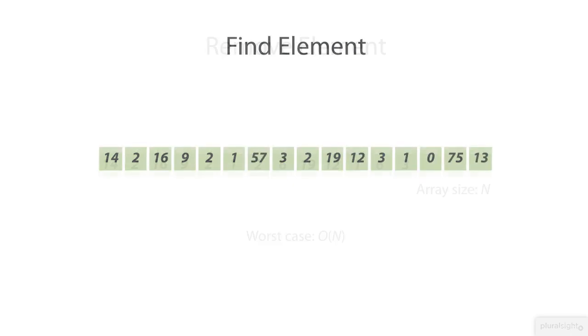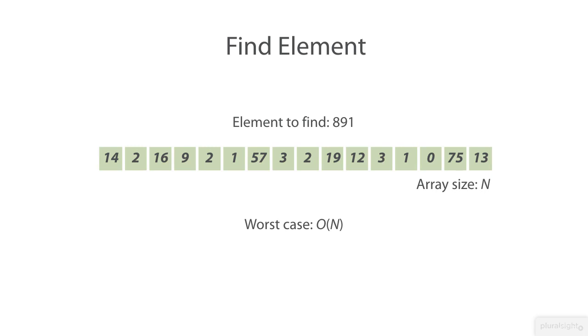Let's proceed to the operation of finding an element in a dynamic array, or a static array for that matter. There's no indexing structure, so in order to find a specific element, say 891, each and every position needs to be scanned until the element is found. Again, if there are n elements in the array, it takes big O of n instructions to perform the scan.